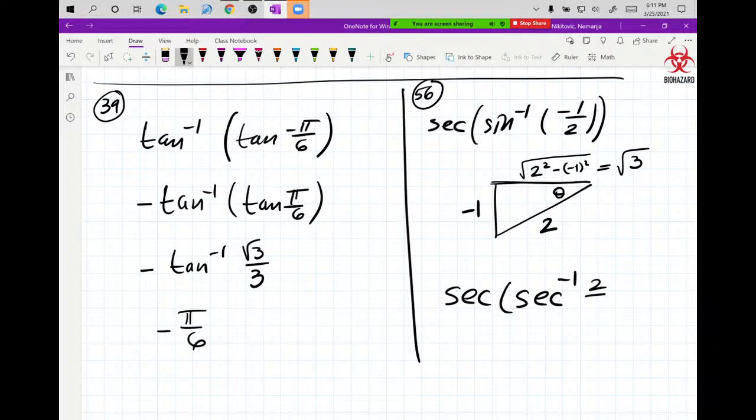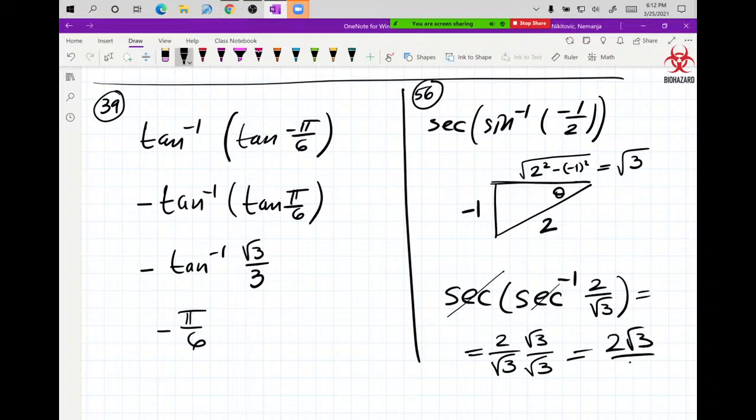So that's going to be 2 over root 3. Right? 2 over root 3. And now, when these guys cancel, because they're inverses of each other, the answer stays as 2 over root 3, which we rationalize because we don't like root 3 in the denominator, and get 2 root 3 over 3.